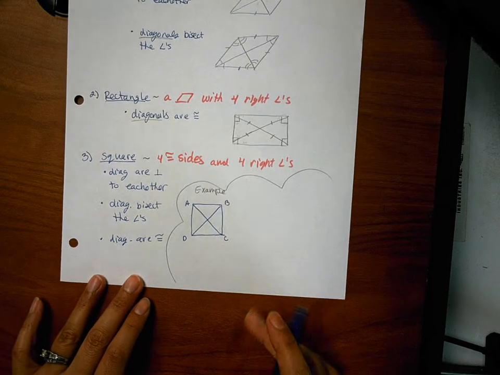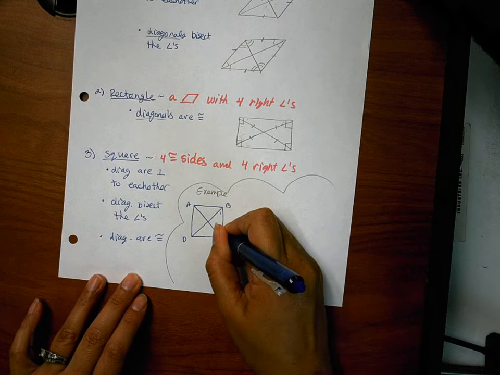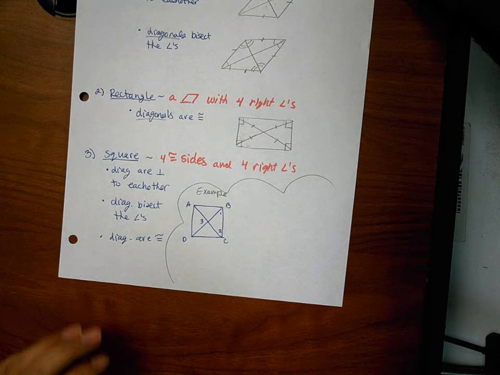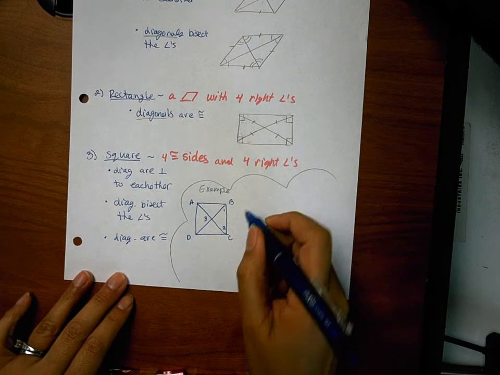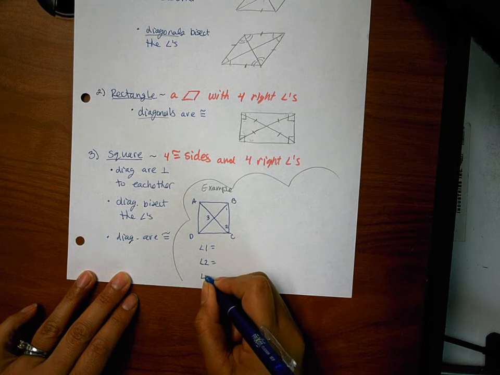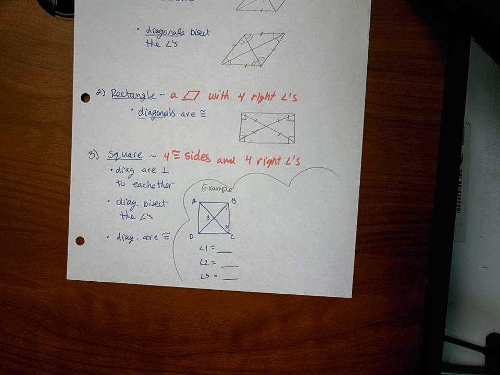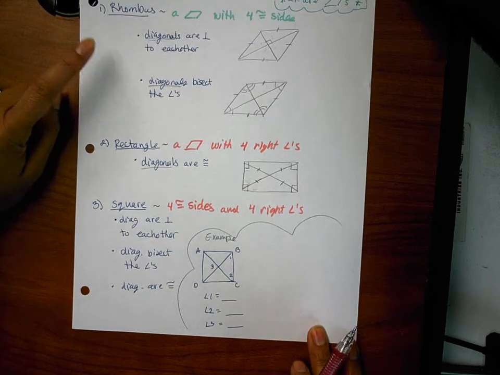And I'm going to draw my diagonals across this way. I'm going to call this angle 1, angle 2, and angle 3. Angle 1 equals, angle 2 equals, angle 3 equals.